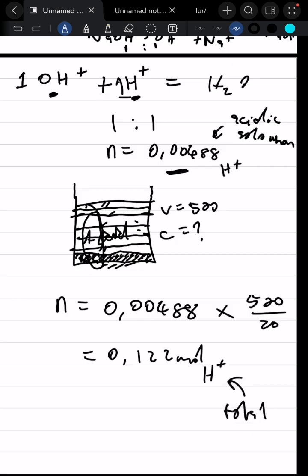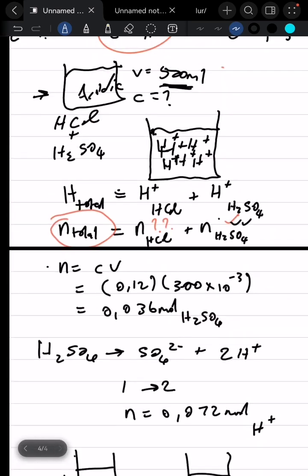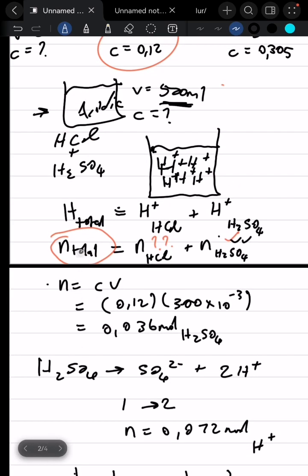Remember at the beginning we used this equation. So with these moles, I can get this. Let's do that.